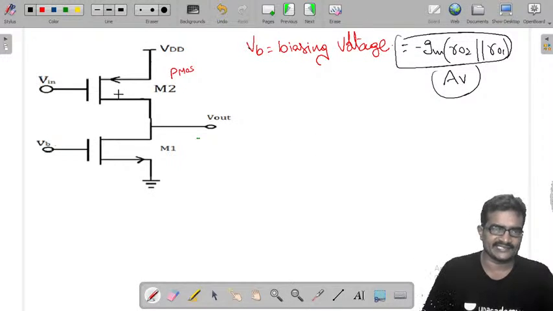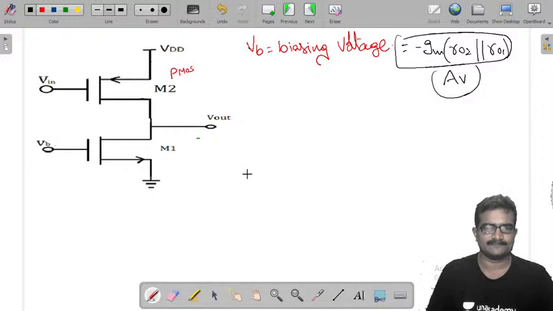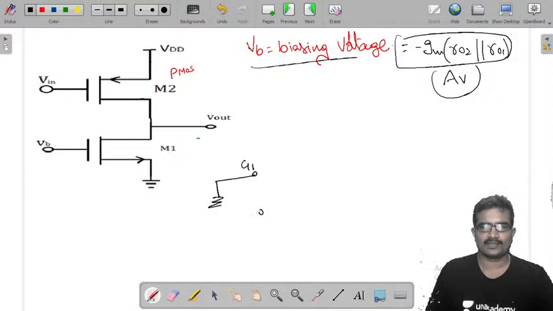Now we check how it is. First I am going to replace this by its small signal equivalent. Now it is biasing voltage VB, therefore gate 1 is connected to ground, source 1 also connected to ground.